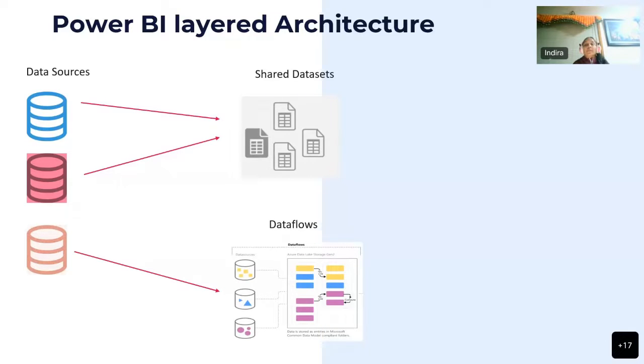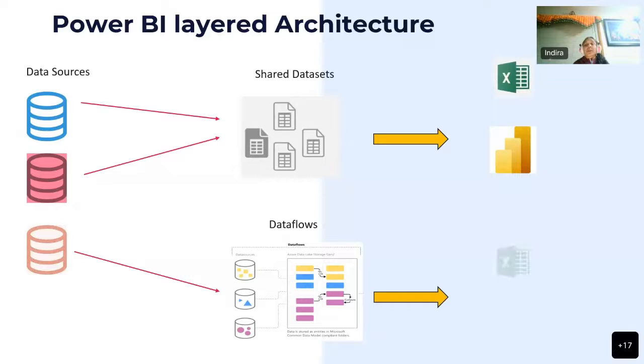And with these you can use the shared data sets in Excel and Power BI to create reports, and the same data flows can be used in Excel and Power BI. So this is a layered architecture, and all these data flows and shared data sets are stored in the Azure Data Lake, which is freely available for you with the Power BI subscription that you are using.